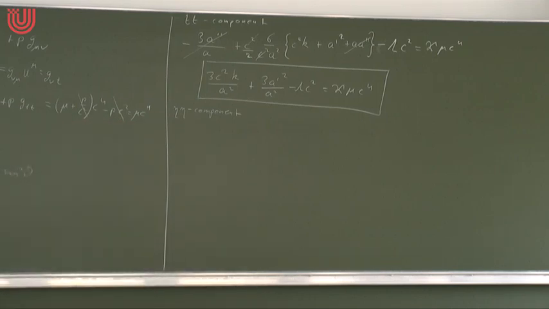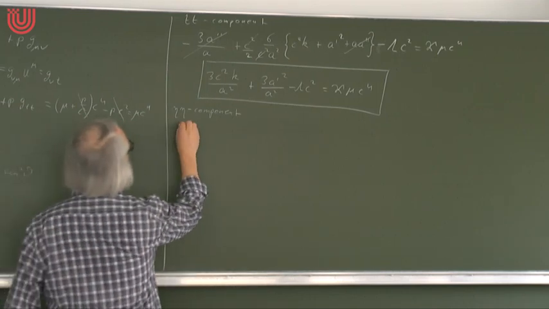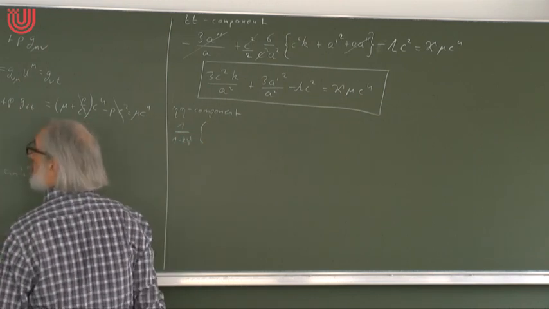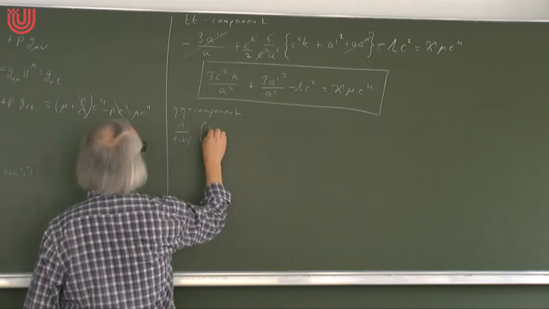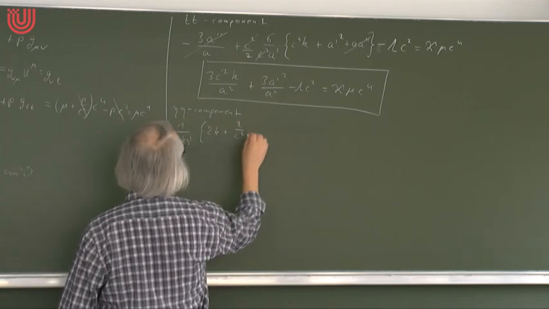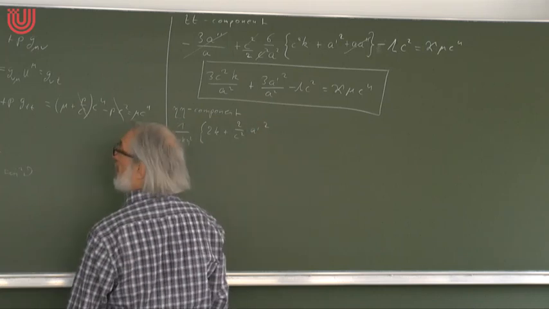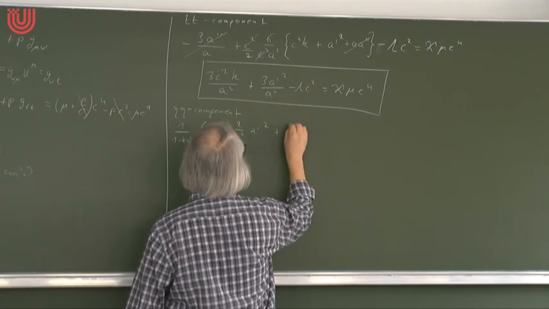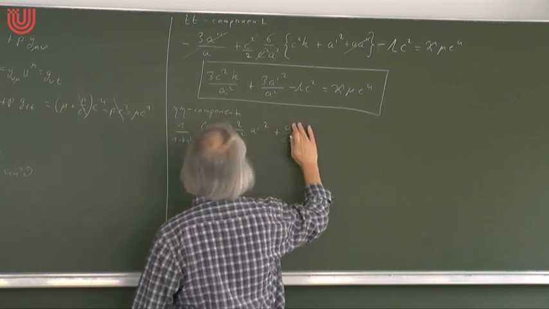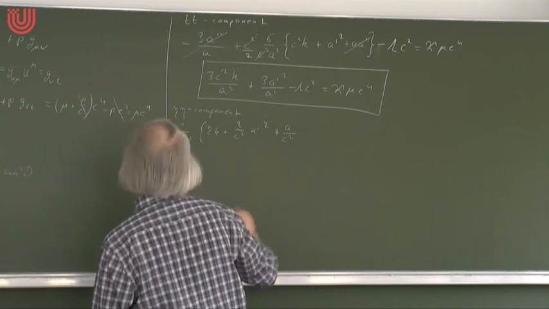This begins with this term here. 1 over 1 minus k eta squared, 2k, 2 over c squared, a prime squared, a squared over c squared, a double prime.